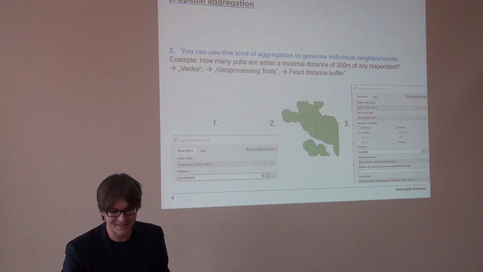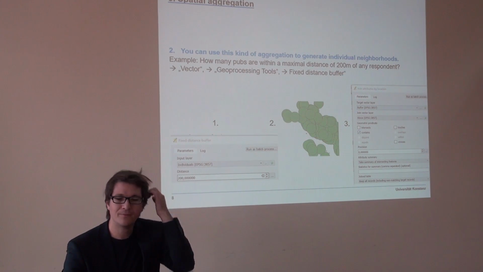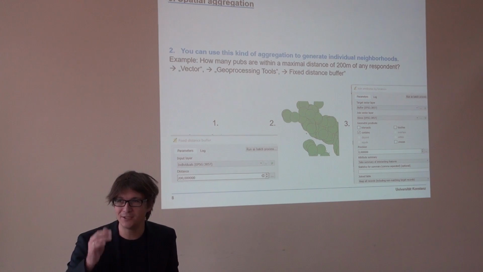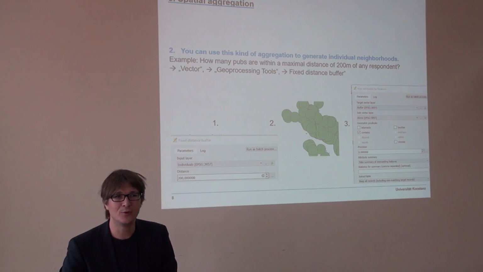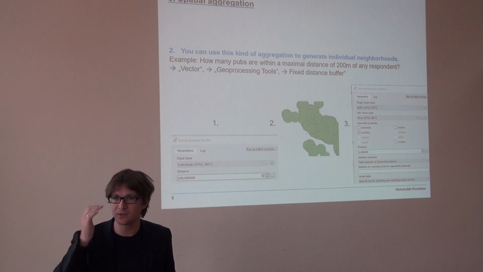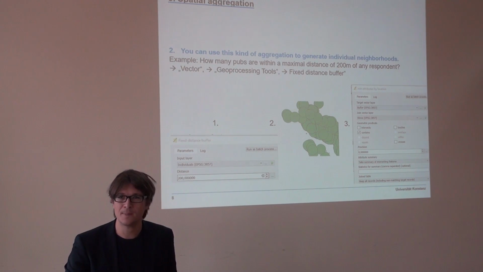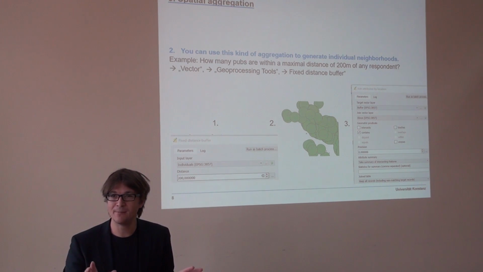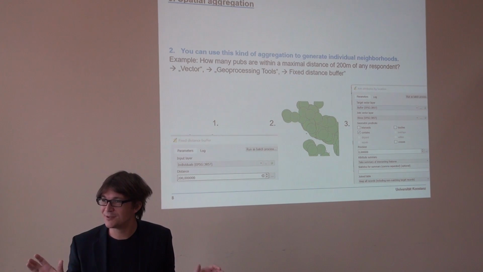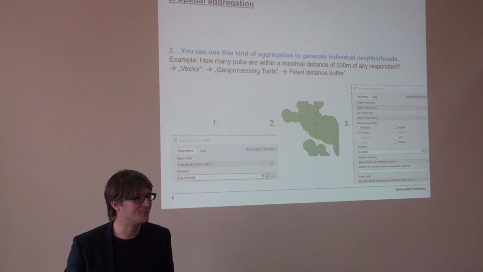All right. The next thing we can do is again spatial aggregation, because we can use this tool that we had right now to calculate not the distance to the next unit of something, like to the next cinema, what we did, but you can also measure how many units of one type are within a given radius around one respondent.